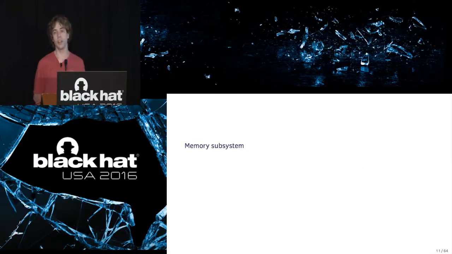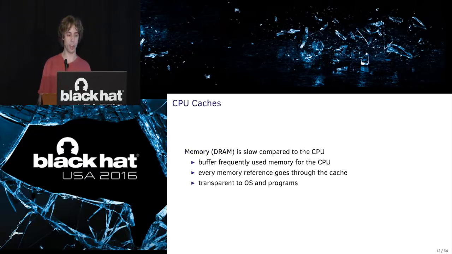Okay, let's start right away with some background on the memory subsystem. For the first part, we want to talk about CPU caches, how CPU caches work. You have relatively fast CPUs nowadays in your computer, but the DRAM is still very slow, because that's how DRAM works.